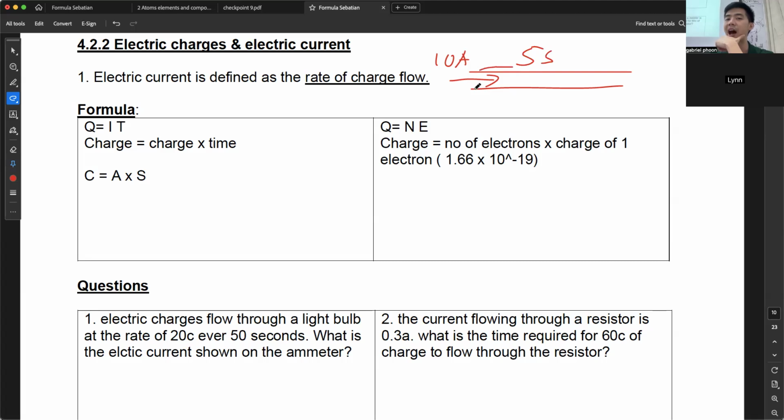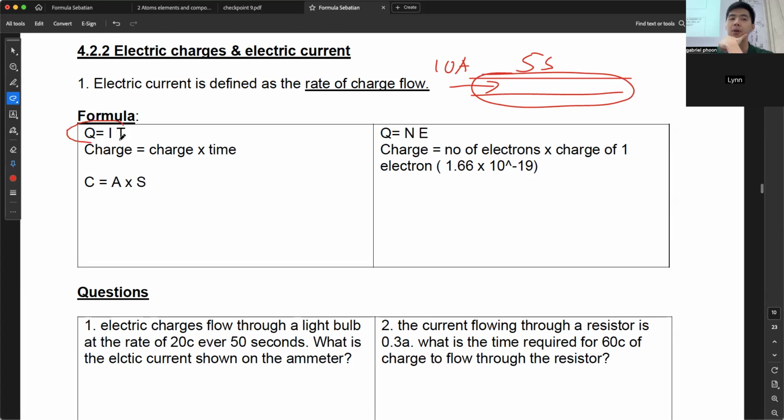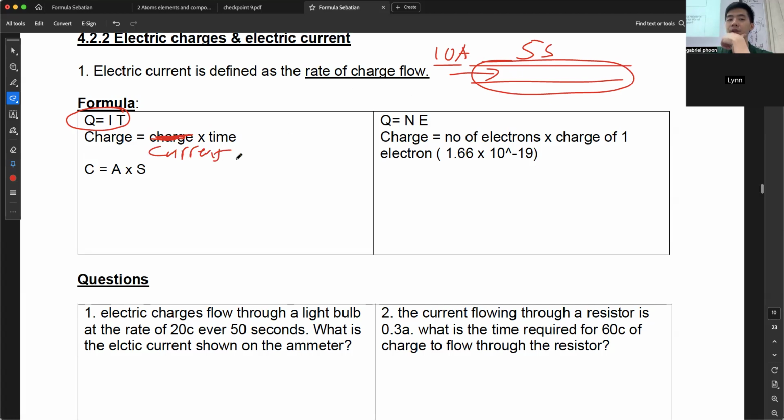I can calculate how much charge is flowing through this wire using my first formula, Q equals IT. I is current, not charge, and current multiplied by time gives a total of 50 coulombs of charge flowing in this wire. This is the first formula.